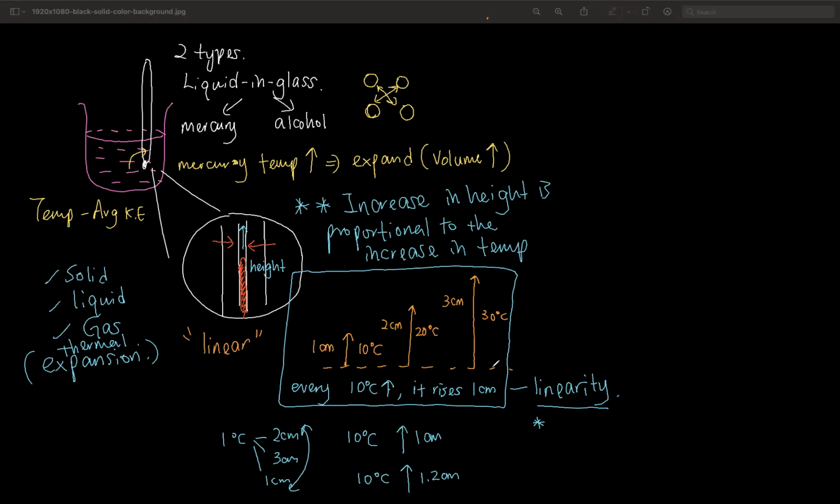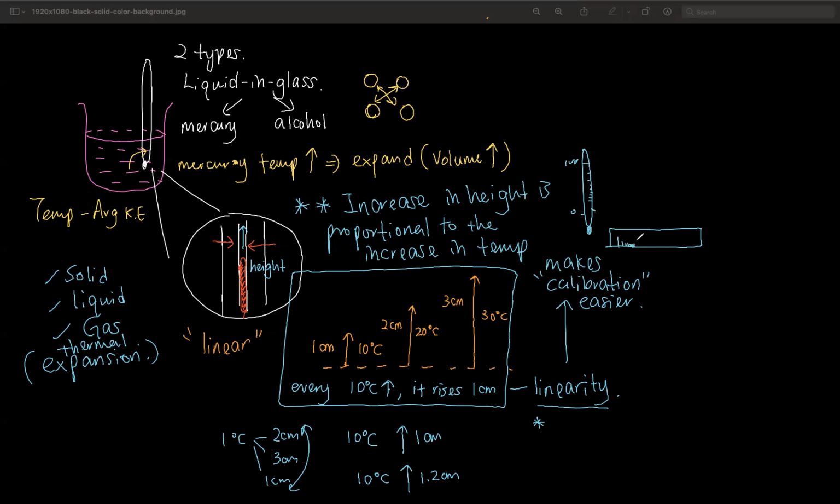Okay, now, it's because of the linearity of the mercury that the thermometer's calibration is easier. What does calibration mean? Calibration means I put a scale in, like I take a thermometer and then I put that scale in, where is 100 degrees, where is 0 degrees, where is 1. It's like you're putting a scale on a ruler.